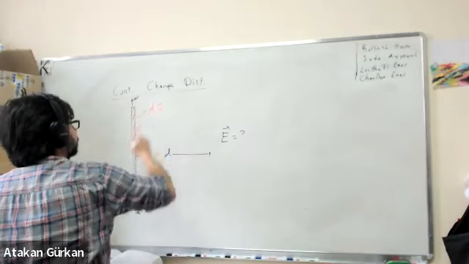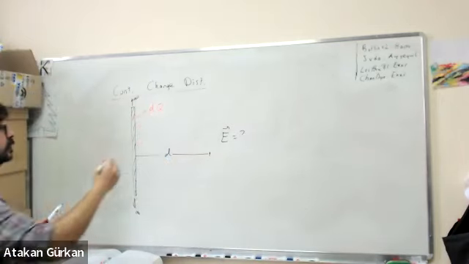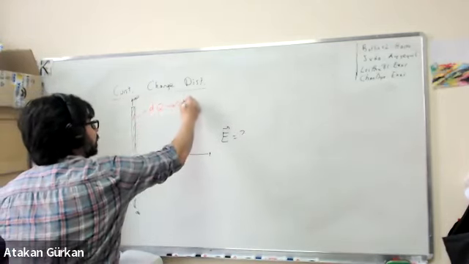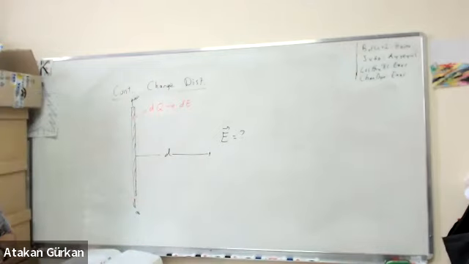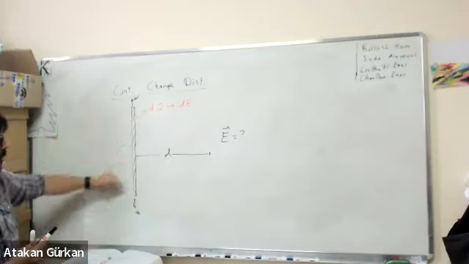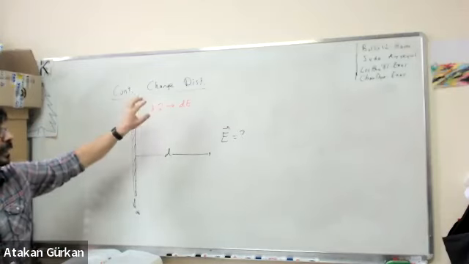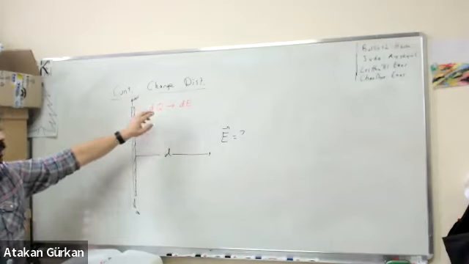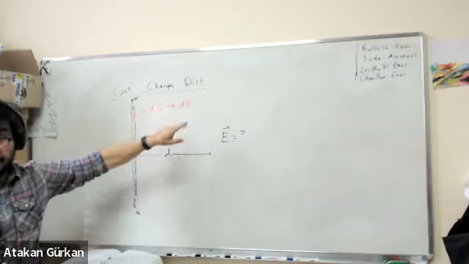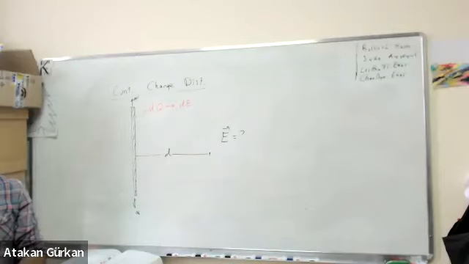Yeah, there, some dq, and this is going to lead to some dE. So I'm going to take this rod and divide this into infinitesimal parts. Each part is going to have some charge dq, and each of those dq are going to produce some electric field dE, and I'm going to vector sum all of these. Okay. Now, how does this work?